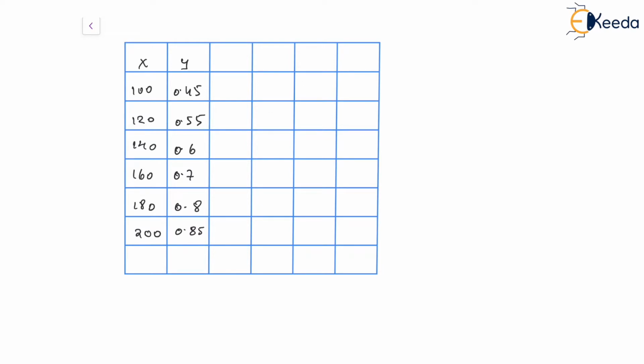Apart from this, we can see that x values are very large, and there is a possibility of taking one of the values as an assumed mean. Let us say that we take 140 as the assumed mean in this case.